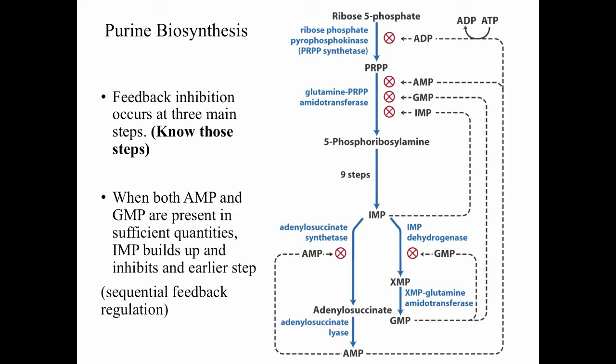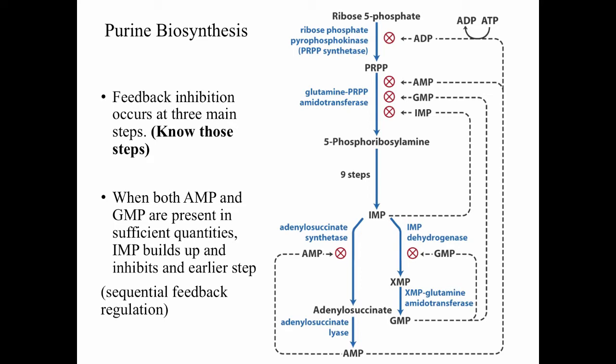Another regulatory step is that branch point at which IMP is converted into AMP and GMP. So if there's high levels of AMP, then AMP is going to feedback and inhibit the enzyme that's going to lead to the formation of more AMP. So that makes sense, because if there's lots of AMP in the cell, then we don't need to make more of it. Similarly for GMP, if there's high levels of GMP, it's going to feedback and inhibit IMP dehydrogenase.